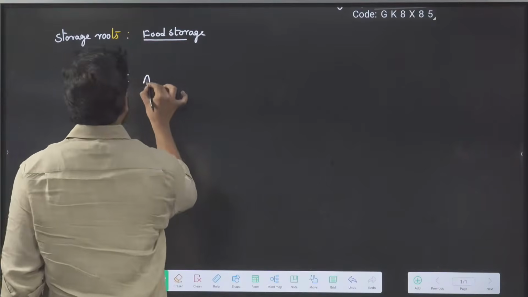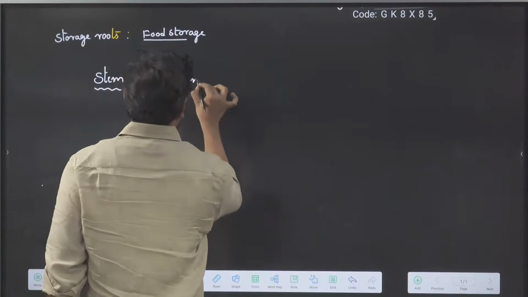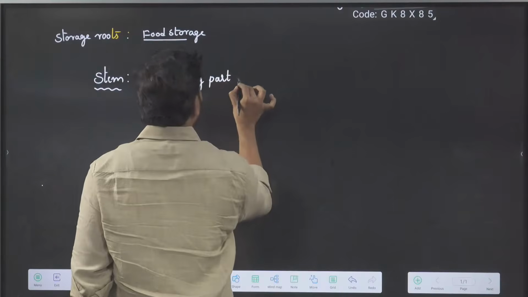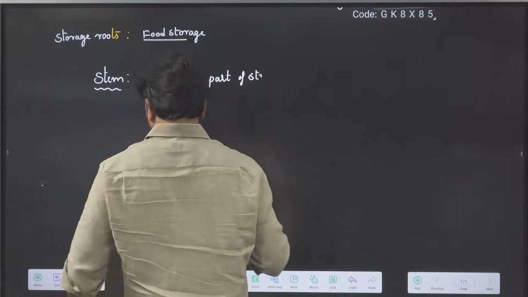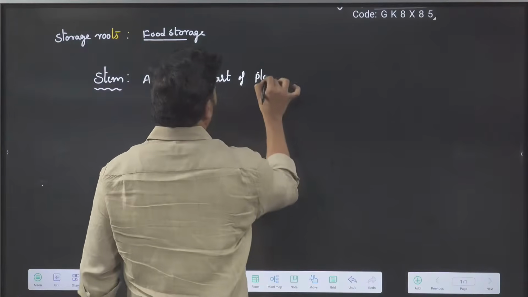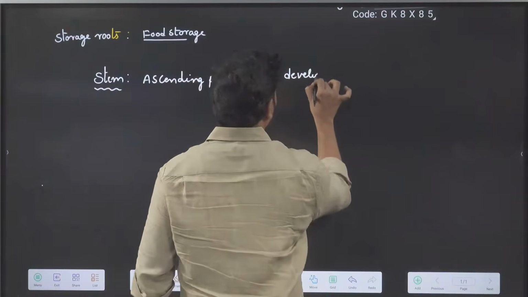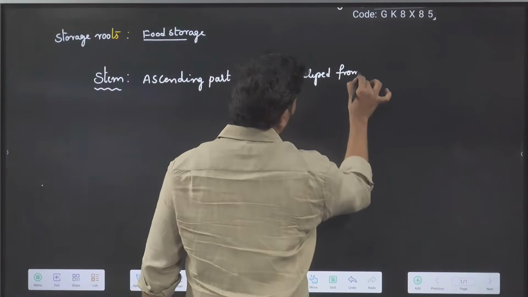The definition of stem goes like this: it is the ascending part of the plant, developed from the plumule.